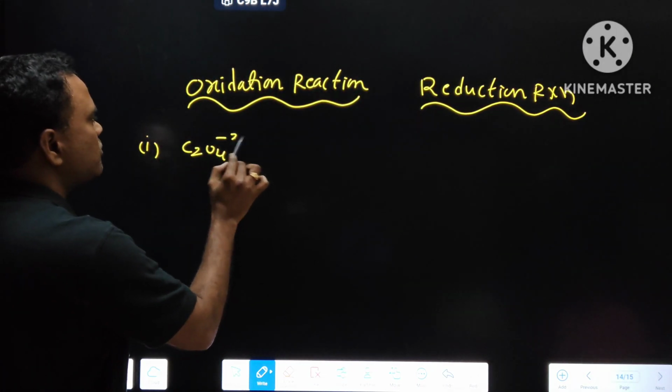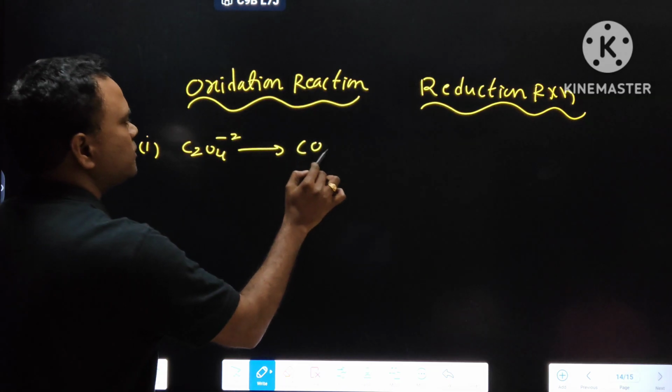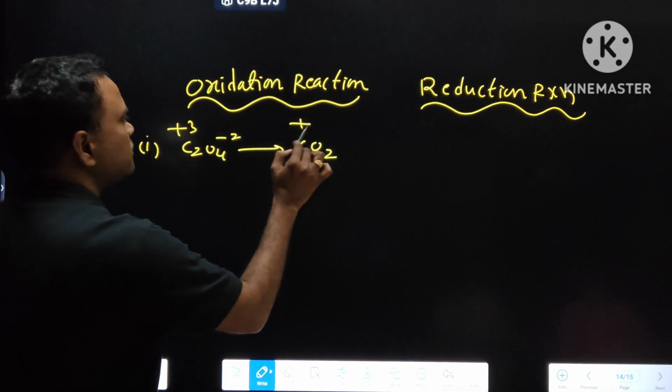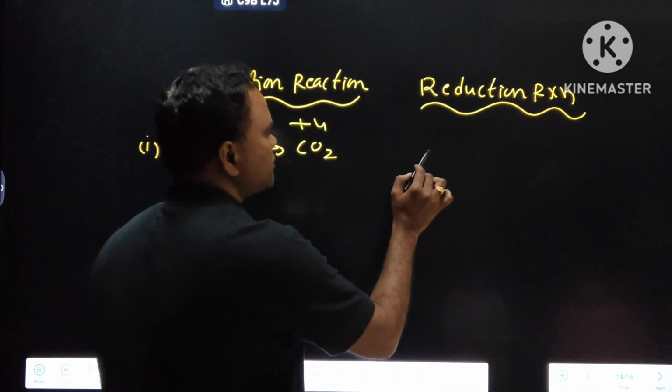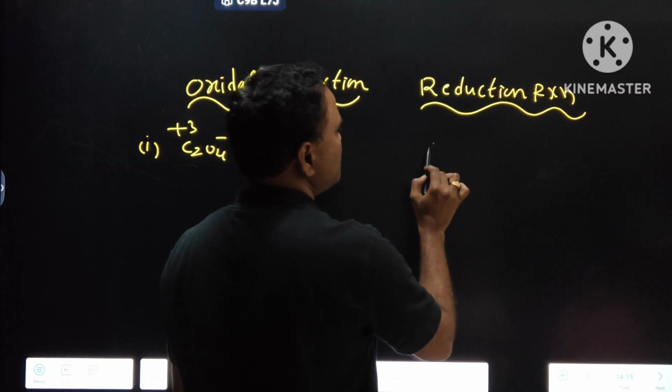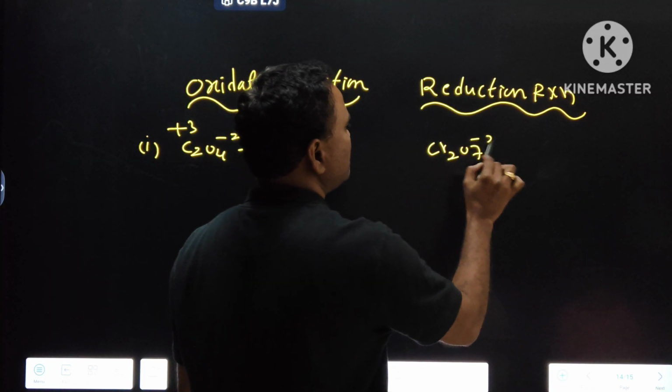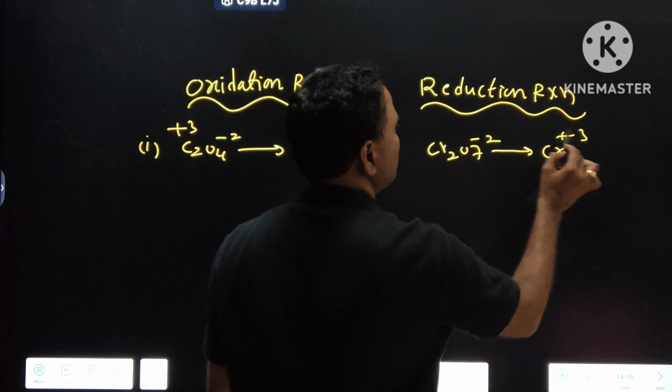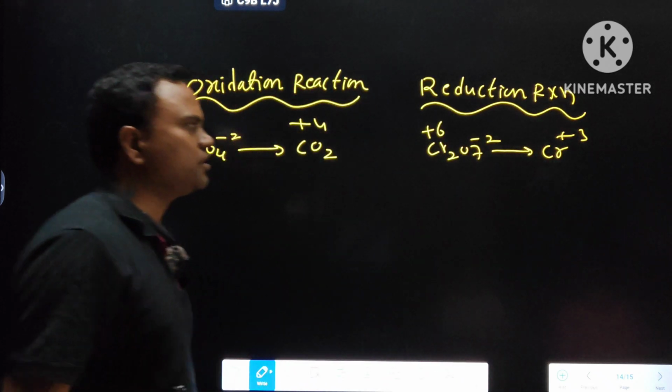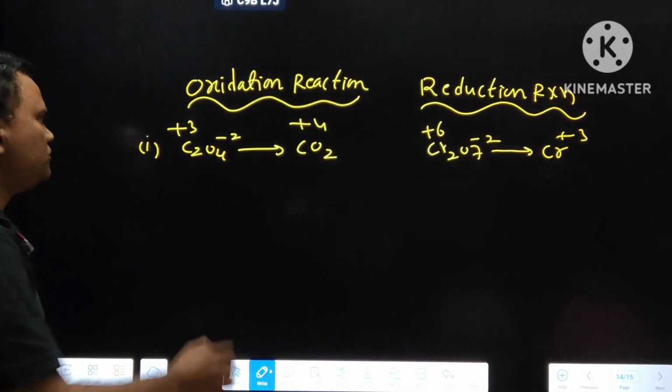The reaction in which oxidation state of the element increases is called oxidation. +3, this is +4. Reduction reaction, the reaction in which oxidation state of the element decreases is called reduction reaction. This is +6, that is +3. Okay.